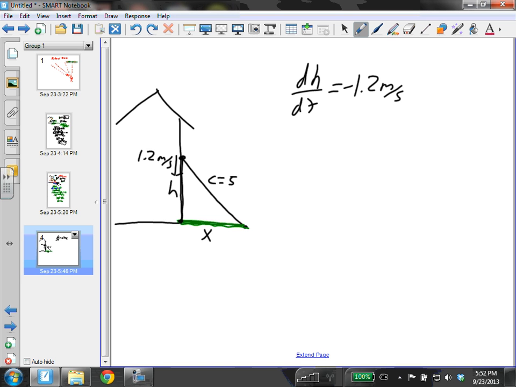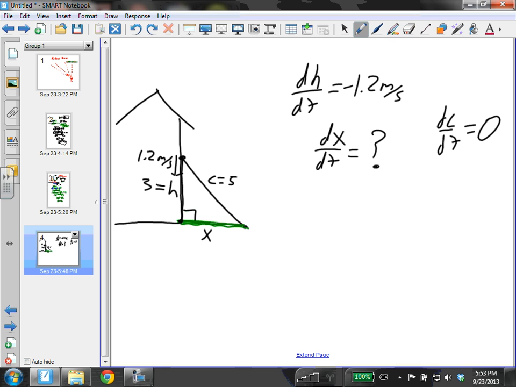Continuing reading, it says calculate dx dt when h equals 3. So they're saying that right now they want h to be equal to 3, and they want us to find dx dt. The only other rate we have involved right now would be dc dt, but once again, dc dt is 0 because the length of the ladder will not be changing.